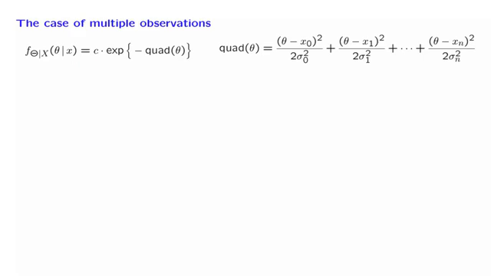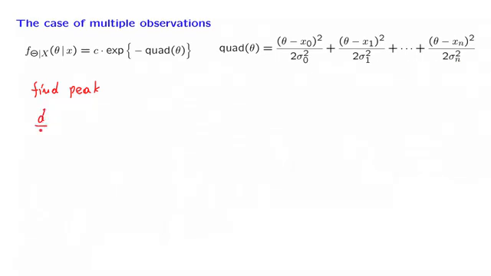What is the mean of this normal distribution? The mean is the same as the peak, and to find the peak, the location at which this PDF is largest, what we do is we try to find the place at which this quadratic function is smallest.